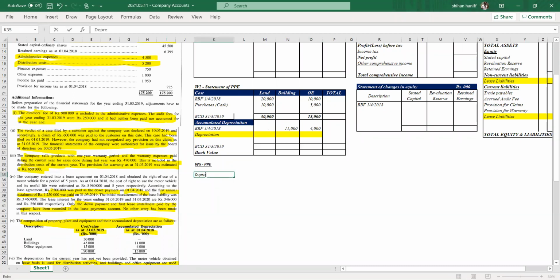So let's calculate depreciation. Office equipment. Now, there are two office equipments: the old 10,000, and a new office equipment of 5,000.